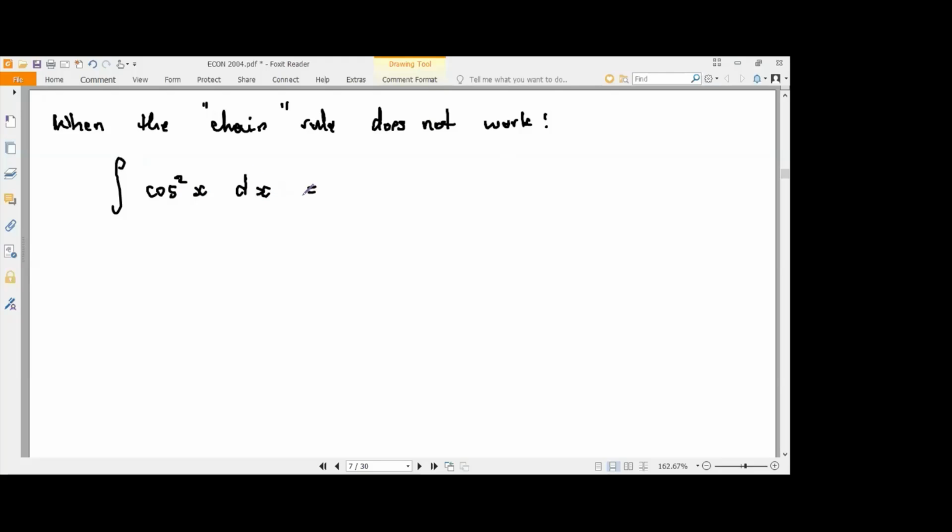Now remember, this does not work, so I'm just demonstrating why it doesn't work. If we were supposed to use the chain rule, we could write it as cosine x all squared dx, and then do the same thing. Integrate the outside function, the square function, which gives me cosine of x all cubed over 3. Then I divide by the differential of the inside function, which gives me minus sine x plus c.